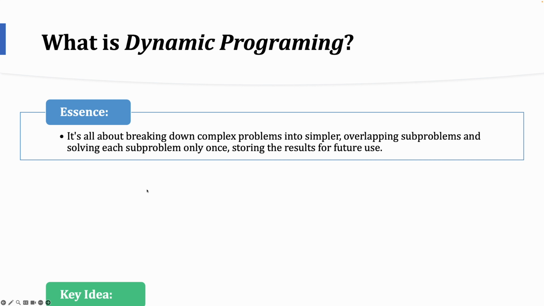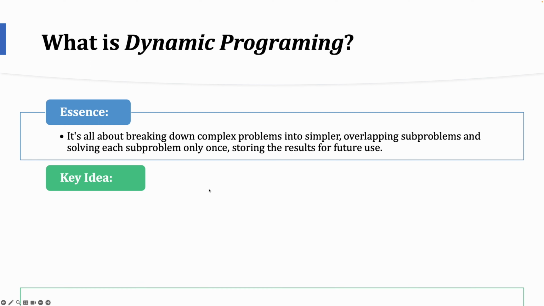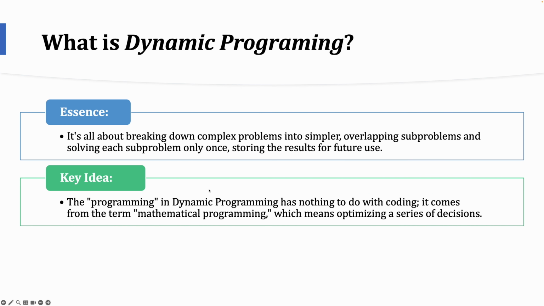But for now, a lot of people who get exposed to the topic of dynamic programming are wondering what the term programming here refers to. So the programming here does not refer to writing code, as a lot of people might think intuitively. It comes from mathematical programming. It means planning or optimizing a series of decisions.